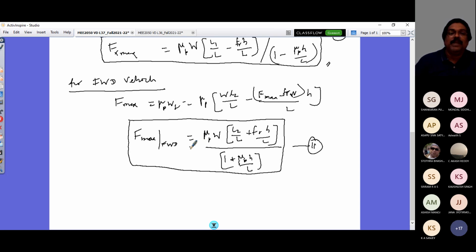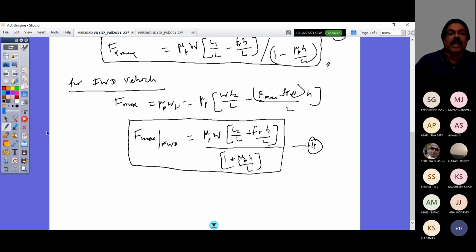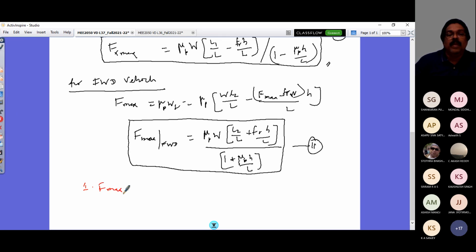We derived an expression for maximum tractive effort, F max, that a tire-road interaction can support.